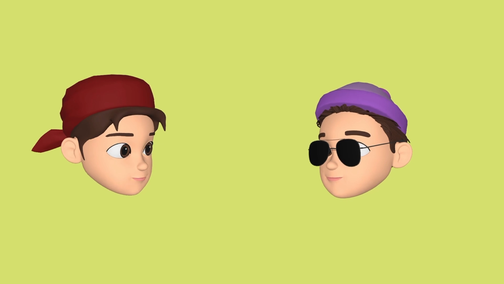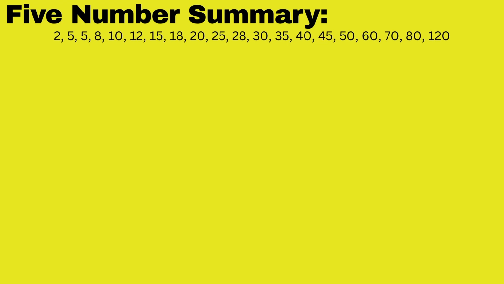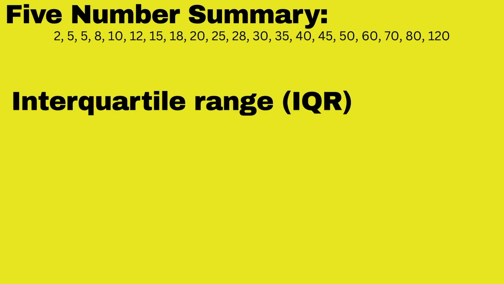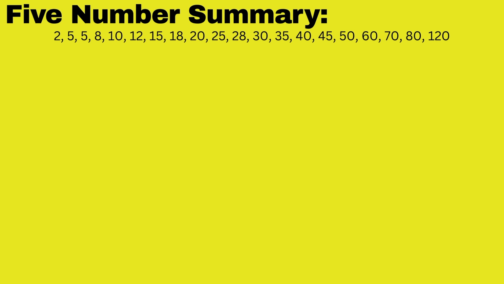Now let's calculate the 5-number summary, the interquartile range, which we simplified to call IQR, and the range. The 5-number summary includes the minimum, Q1, median, Q3, and the maximum.